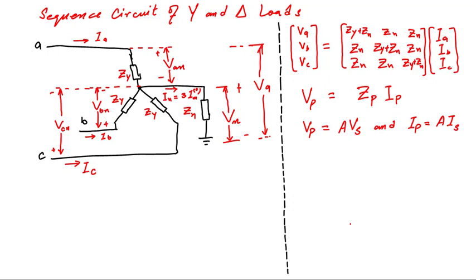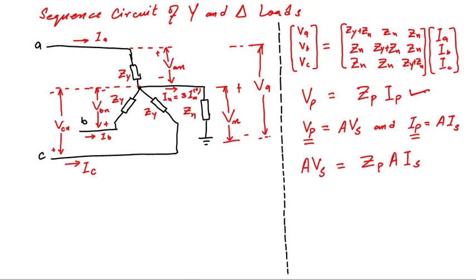Now if we substitute the phasor voltage and phasor current from these two equations into the above equation, we get coefficient matrix A multiplied by the voltage sequence vector, equal to the phase impedance matrix ZP into coefficient matrix A multiplied by the current sequence vector.